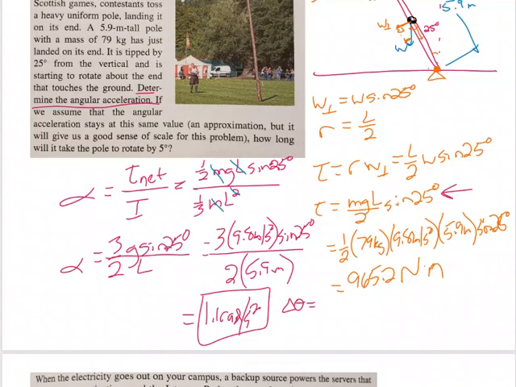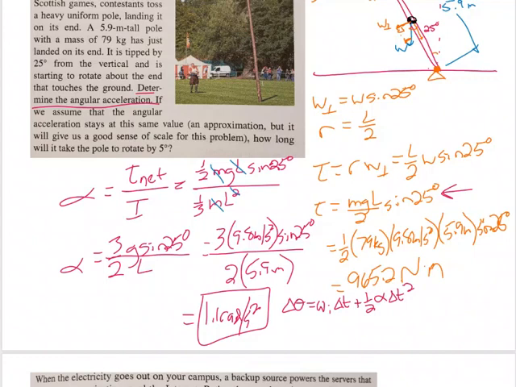Omega initial delta t plus 1/2 alpha delta t squared.